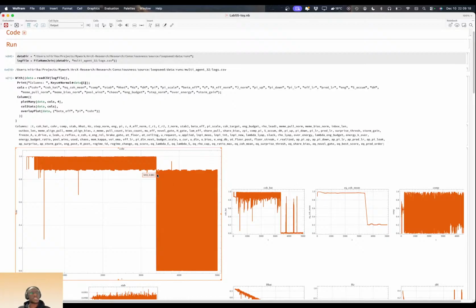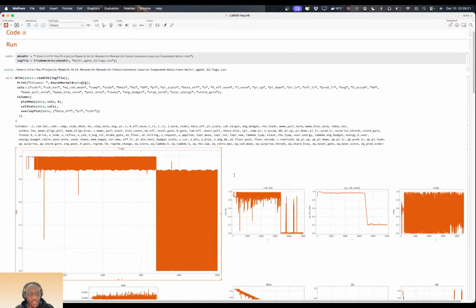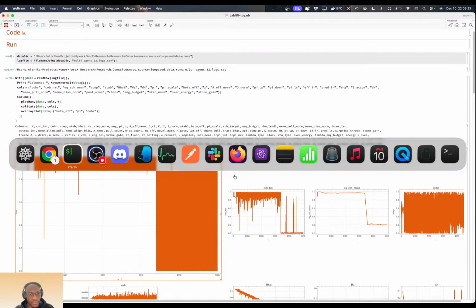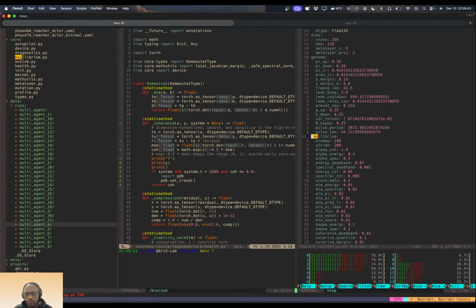So once you change the clamp value, you change the clip to 3, learning rate to 0.02. What else can we do? Well, let me try something, equilibrium.